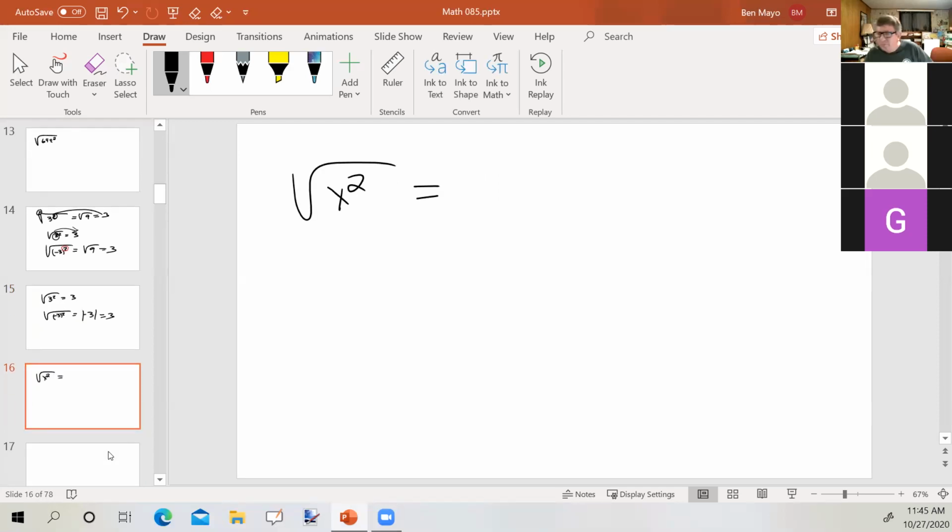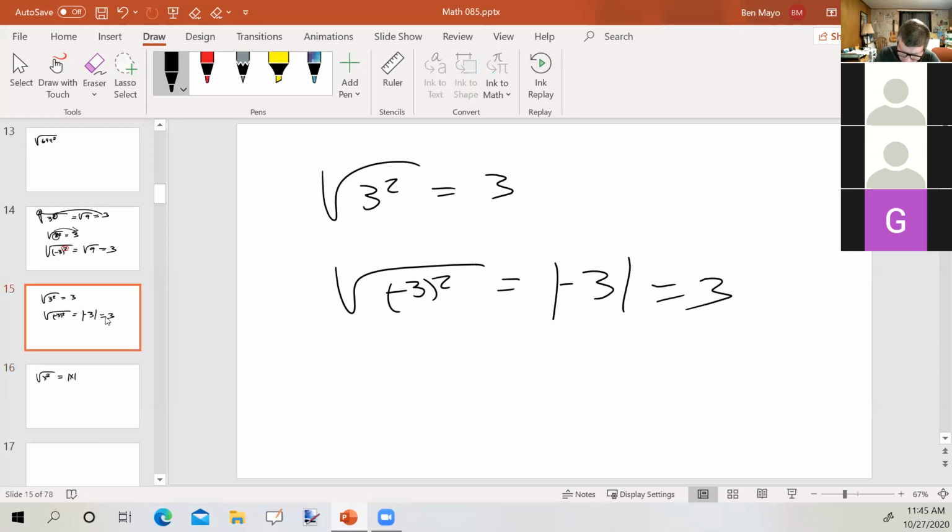Suppose I said x as a variable is unrestricted. It could be positive, it could be negative, it could be 0. We don't know what it is. It could be any real number. Then I would have to do this. Because otherwise, what if x is negative?